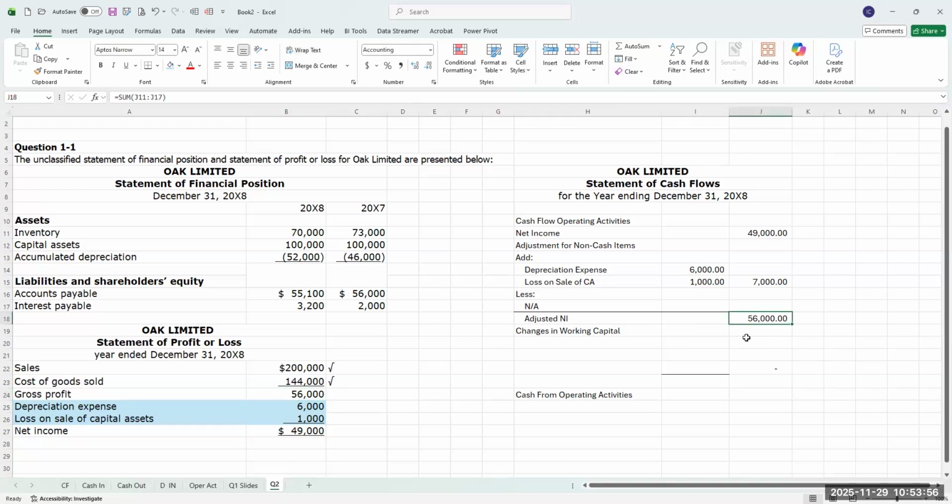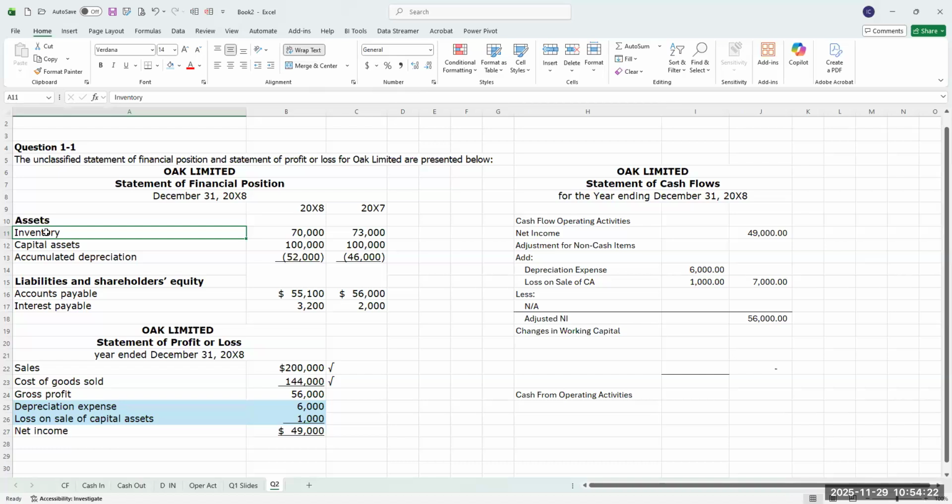That's a good point. Now, the next thing we have to do in order to get the operating activity is start looking for the changes in working capital. Working capital is only current assets and current liabilities. We have to identify which of the assets are current and which are non-current, and include only the current assets.